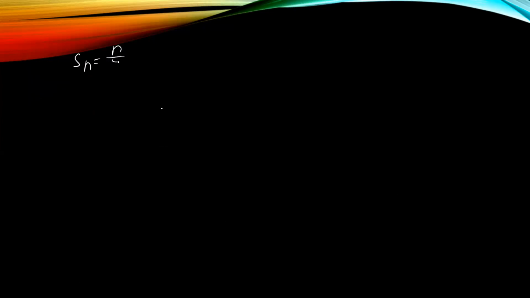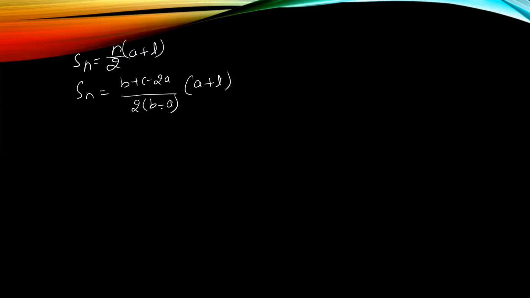Sn equals n by 2 into (A plus L), right? So we are putting in the values in the formula. We get Sn equals (B plus C minus 2A) upon twice of (B minus A) into, what is L? This L is C, so A plus C.